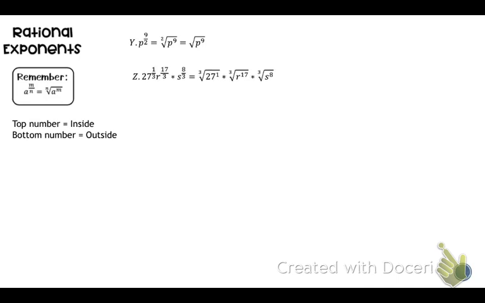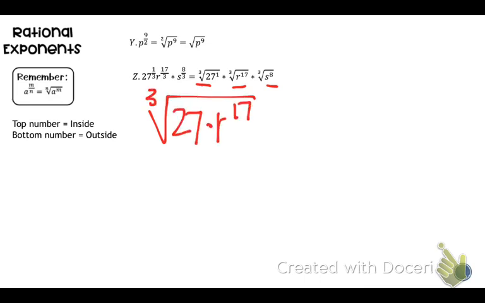So at this point, see how these are all cube roots? Sorry. So this is going to be the cube root of 27 times r to the 17th times s to the 8th. And then what I did in those steps is I was simplifying further. So the cube root of 27 is 3.